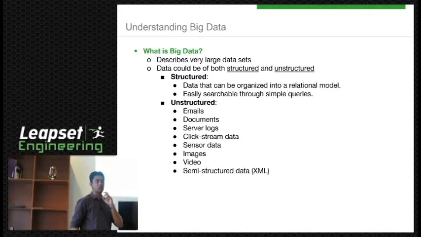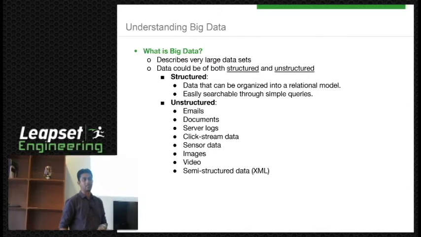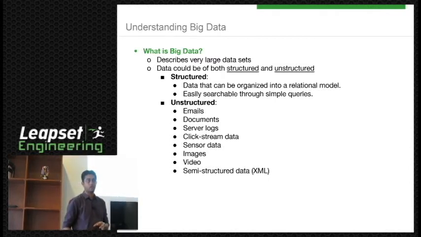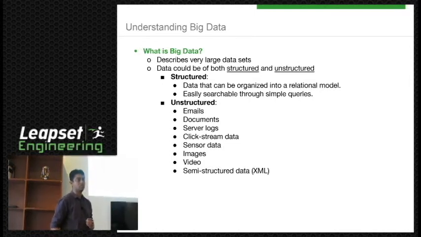Structured data are the ones that you are already familiar with, which go inside your relational databases, which come in tabular formats. Apart from that, there is so much unstructured data out there: emails, documents, books, server logs, clickstream data, and you can go on. There is so much unstructured data which is not captured right now.